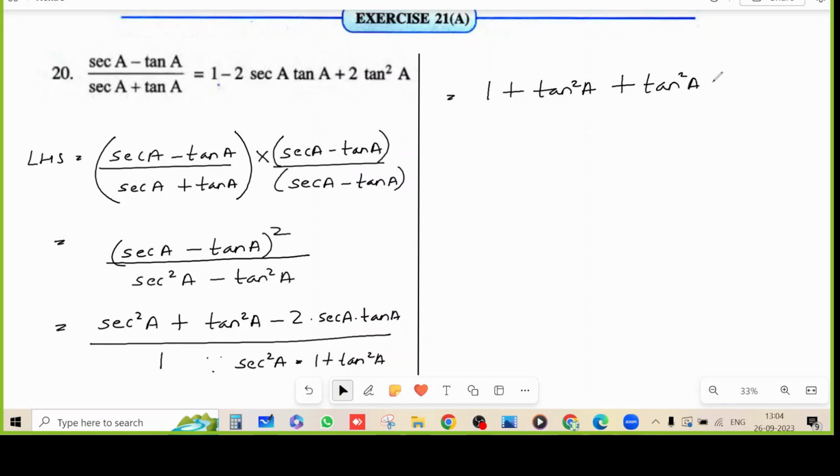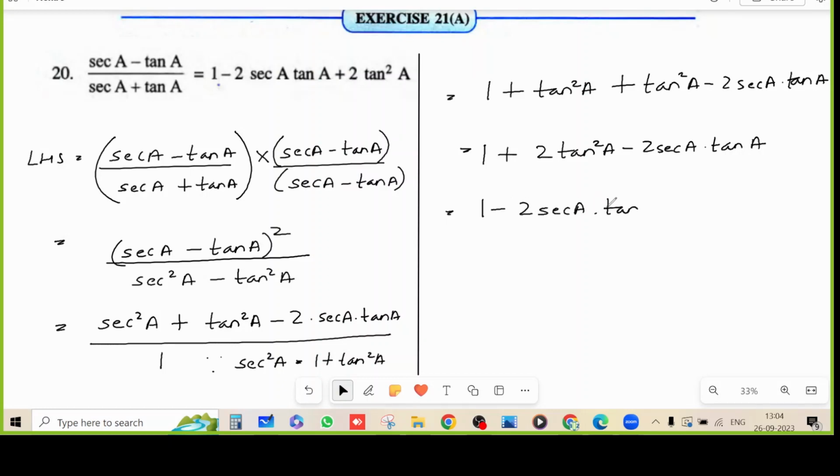So plus tan square A minus 2 sec A into tan A. So this will become 1 plus 2 tan square A minus 2 sec A into tan A. If you will rearrange the terms over here, you will get it as 1 minus 2 sec A into tan A plus 2 tan square A, which is equal to the right hand side. So hence we have proved that the left hand side is equal to the right hand side.